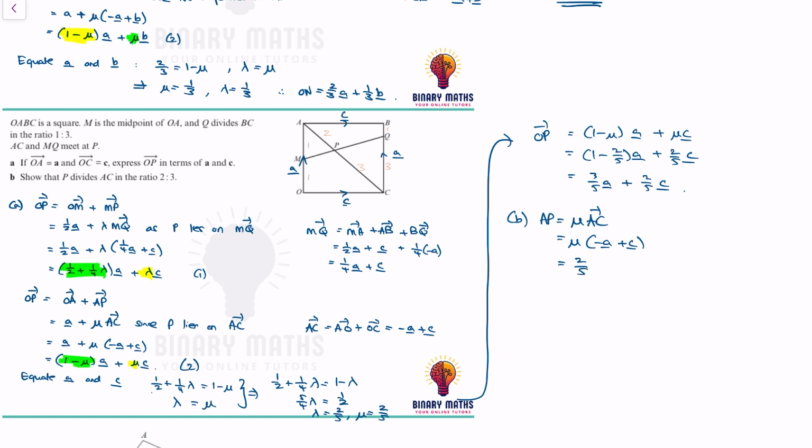So it's 2 over 5 times minus A plus C. Okay, so if that is 2 over 5, then P to C, which is the rest, would be equal to 3 over 5 times minus A plus C. So that means AP to PC will be 2 over 5 to 3 over 5, which is 2 to 3. So it does work out.